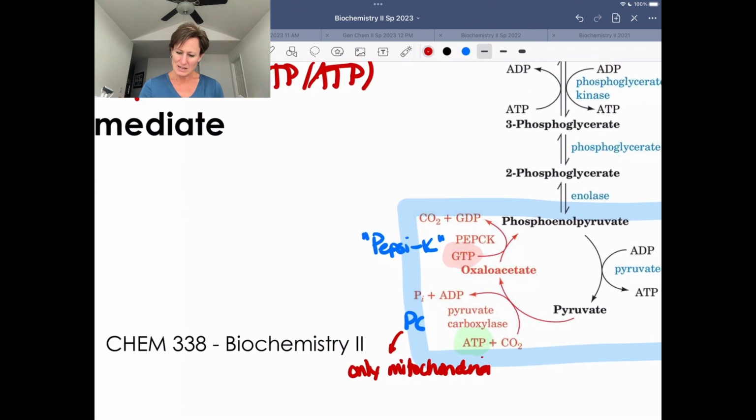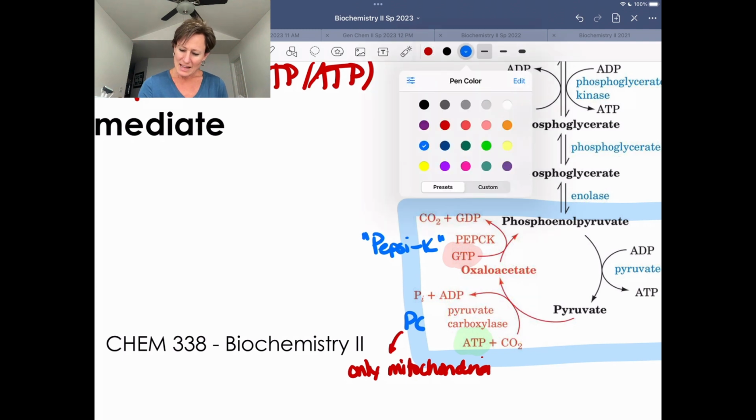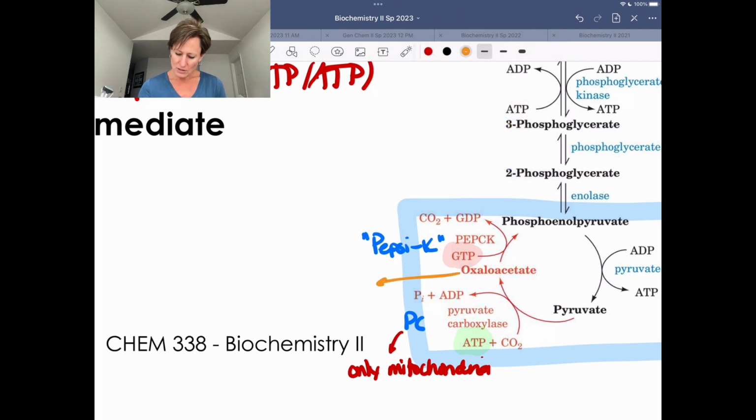Particularly, one last piece to have on this slide, we'll expand on it in another slide, is that there are no transporters for oxaloacetate. That's going to be an important branch point metabolite that we'll expand on in our citric acid cycle learning unit. So let's see if we can process this for a second.